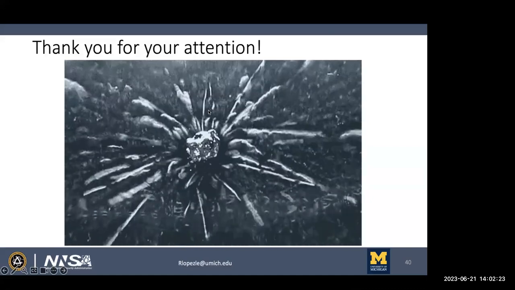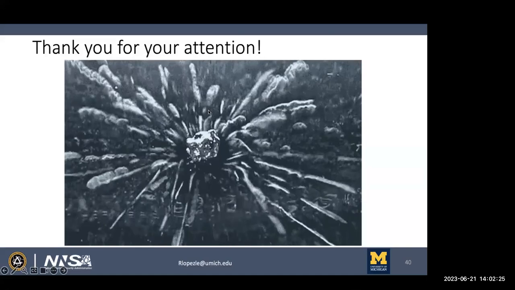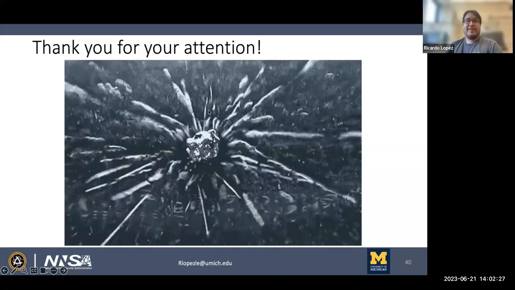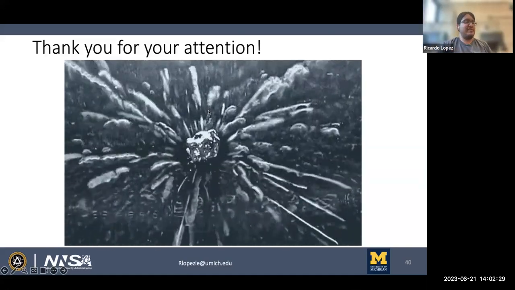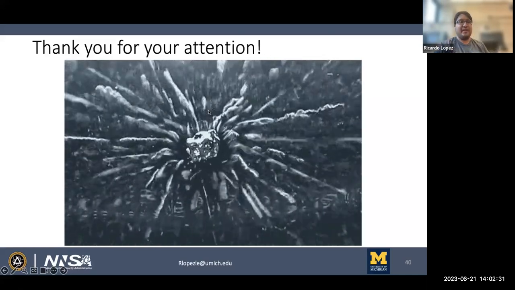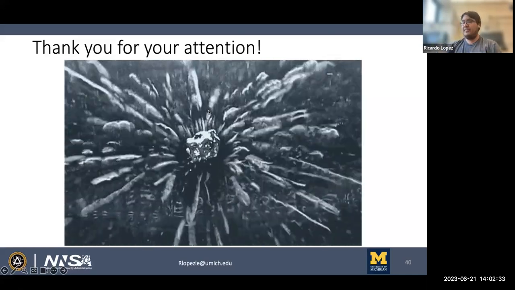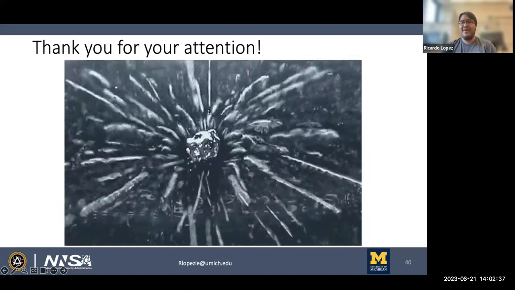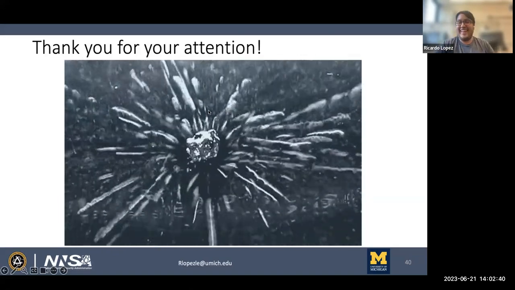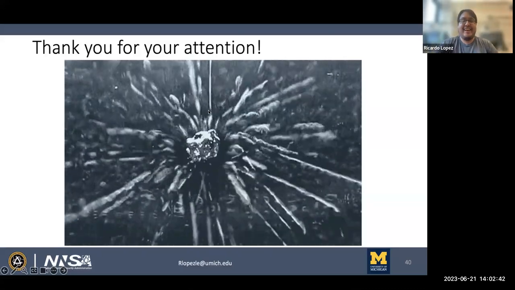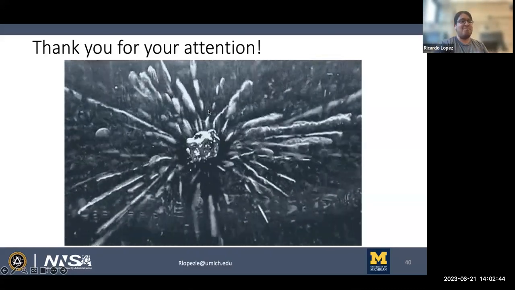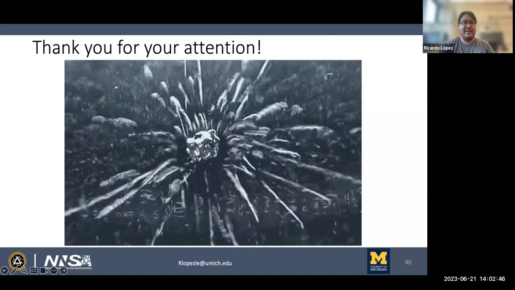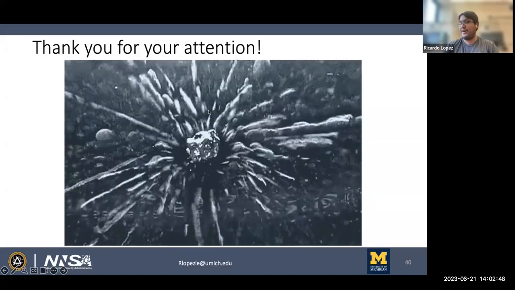Dile Nema says, does a TLD only measure gamma radiation exposure, or does it also protect radiation workers from the exposure too? Right. So good question. This might be a misconception that a lot of folks have with dosimetry, but the dosimetry itself doesn't protect you per se. It doesn't do anything to keep you safe. It's literally there as a method of monitoring and keeping track of your exposure over a certain period of time.